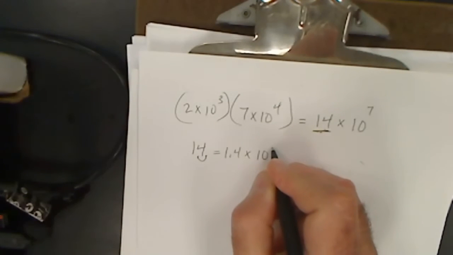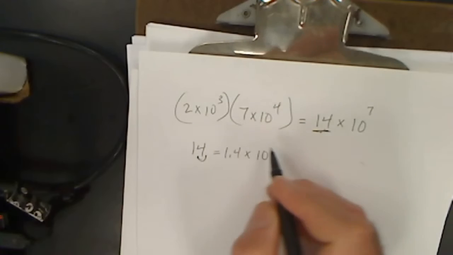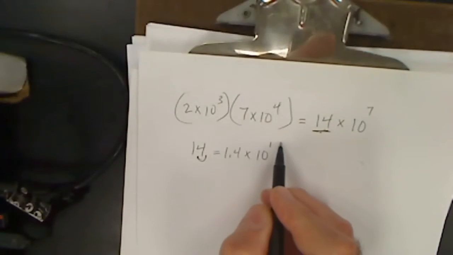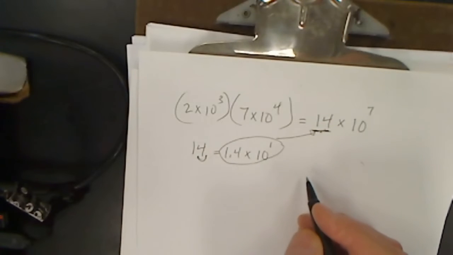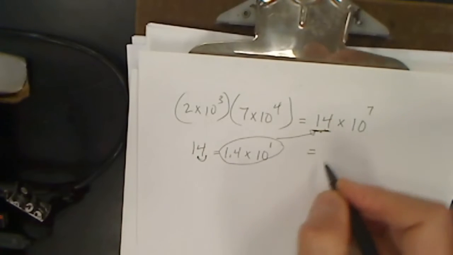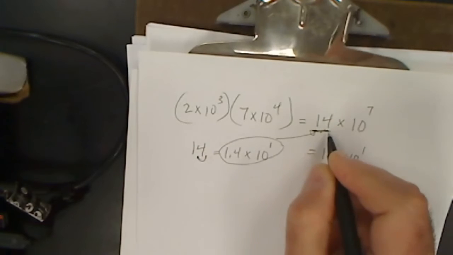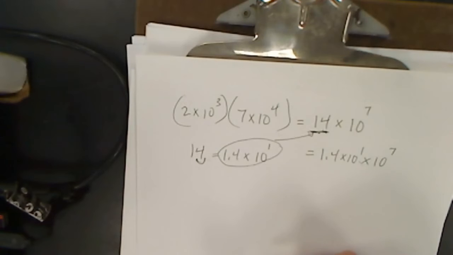How many times did we move it? Once, so 10 to the 1. Now this is going to go in here, right? So look at what we get: 1.4 times 10 to the 1st times 10 to the 7th. What do you do?